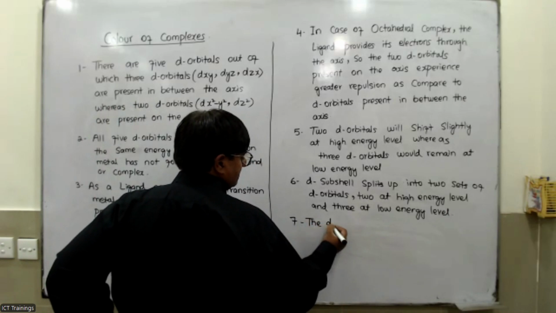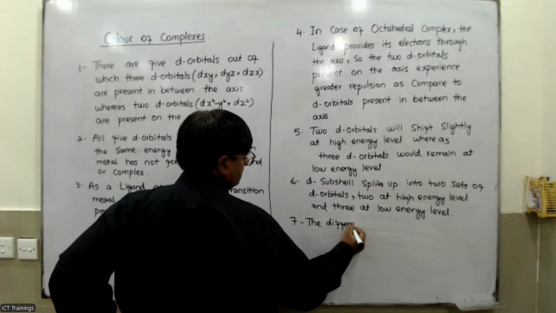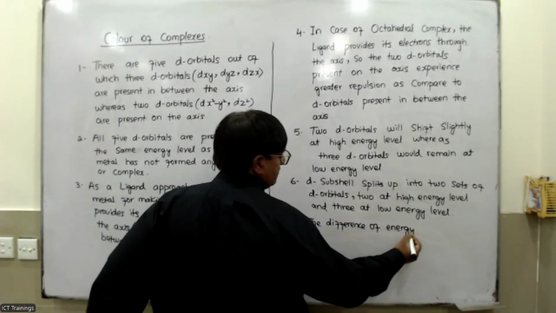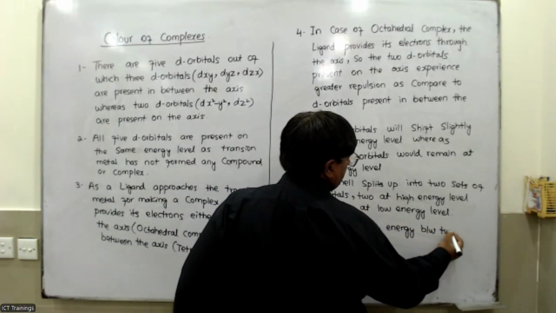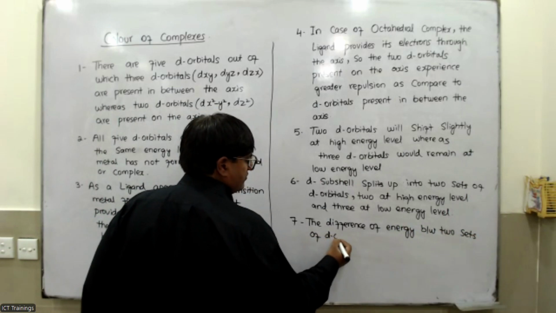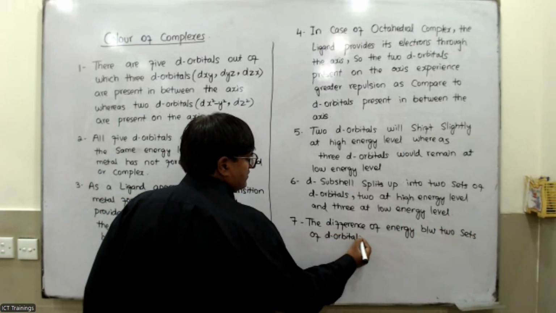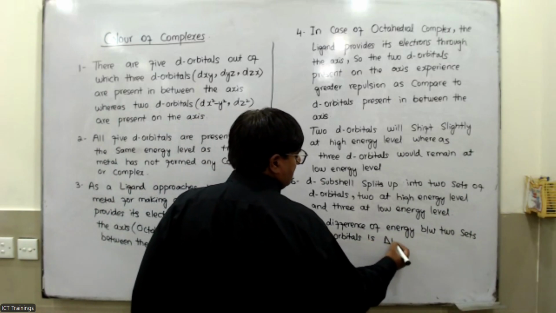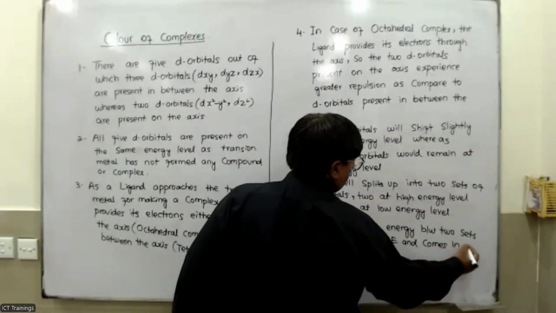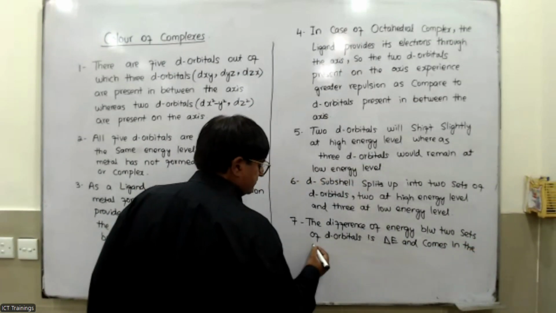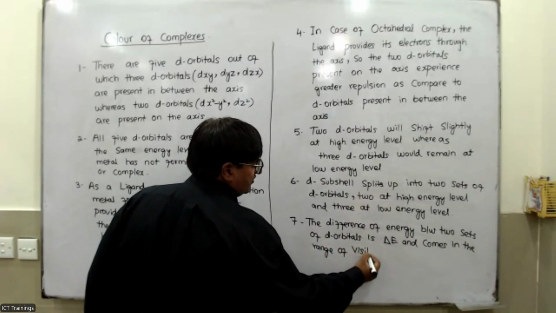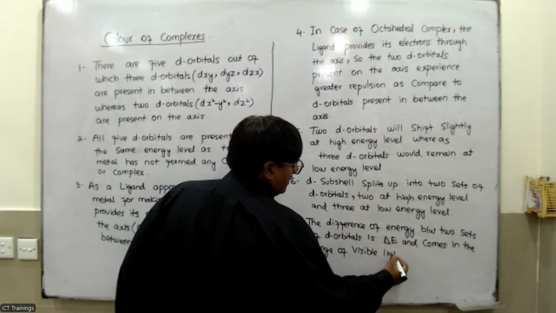The difference of energy between two sets of d orbitals is delta E and comes in the range of visible light.